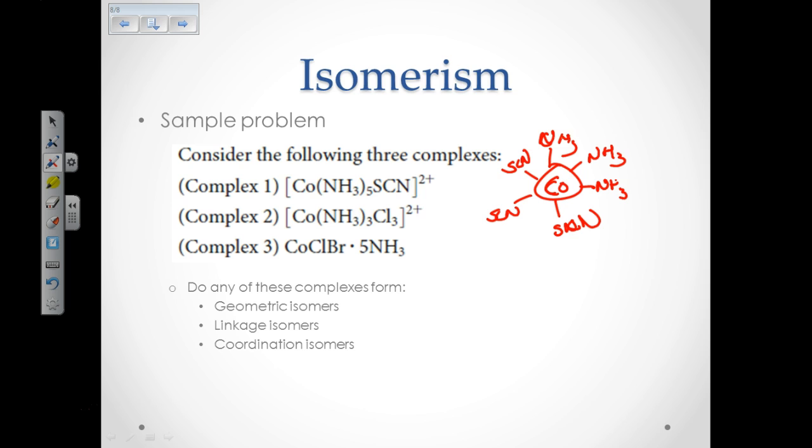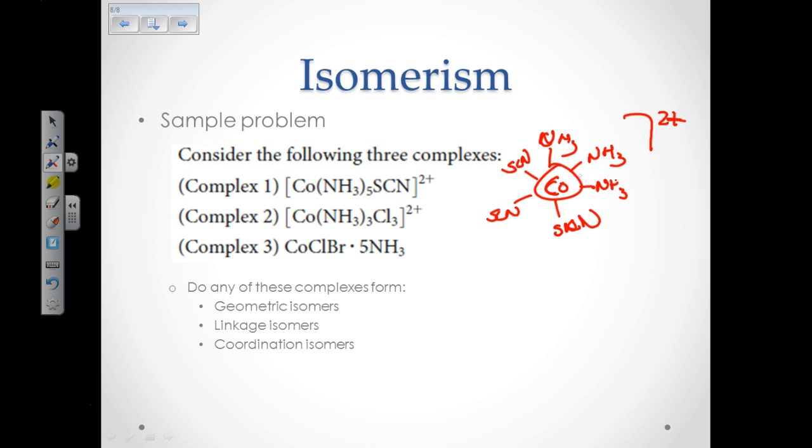So this guy doesn't have any ions to counteract where they can switch spots. So this cannot be a geometric isomer.